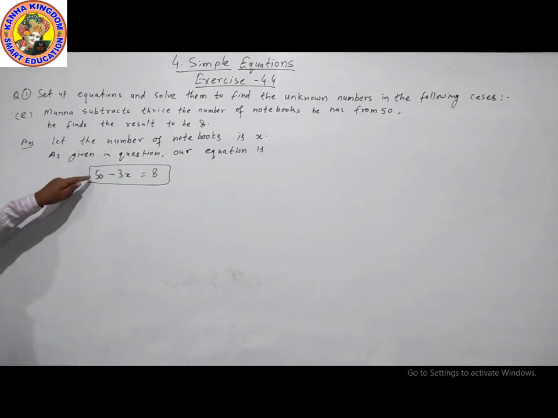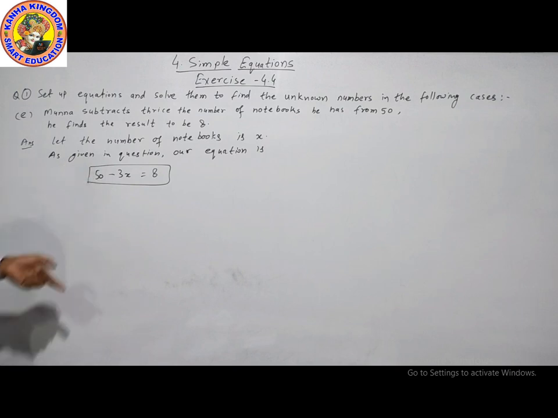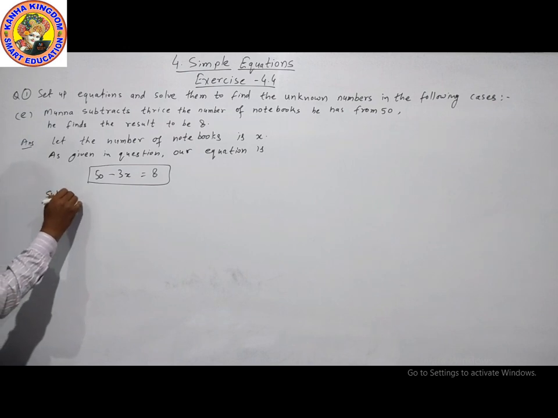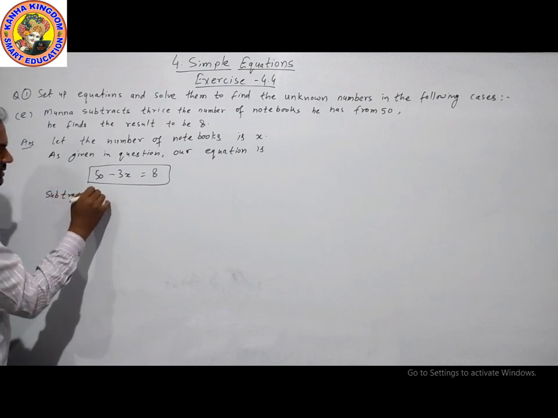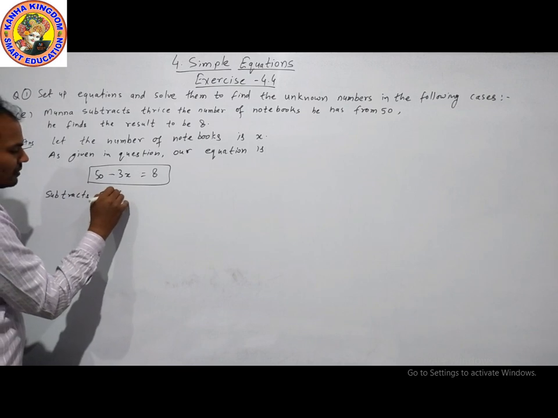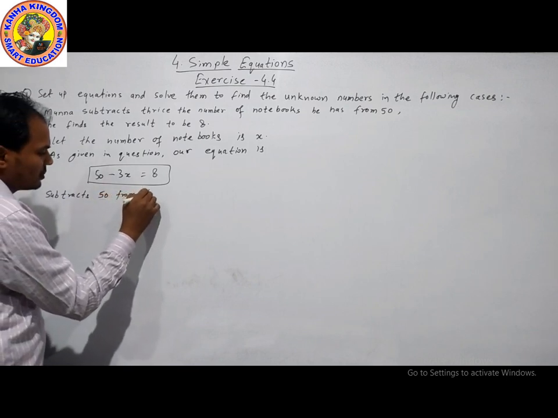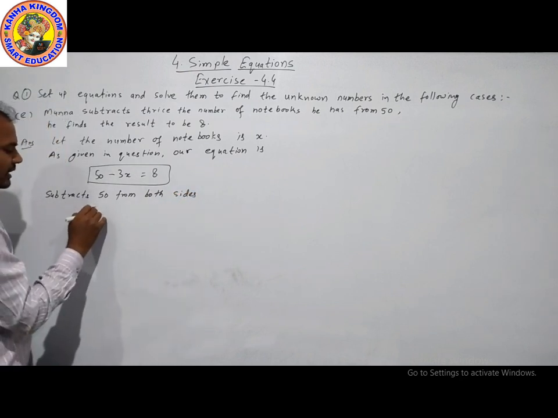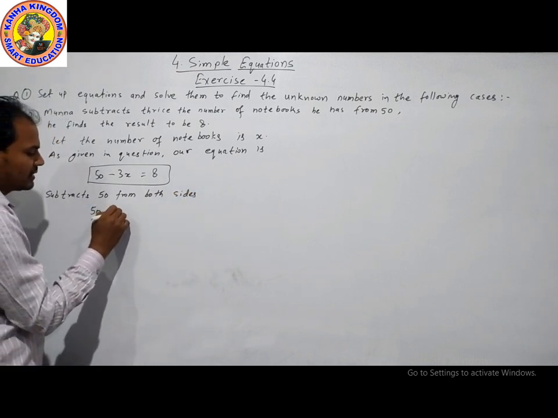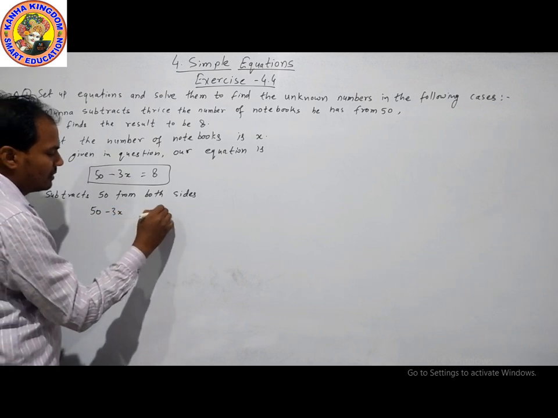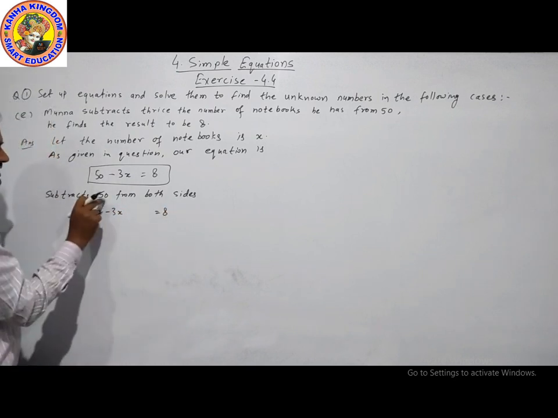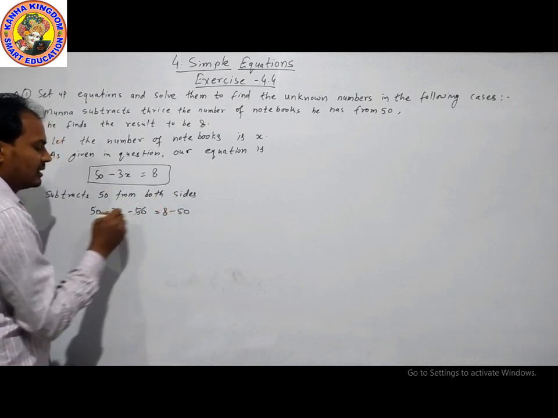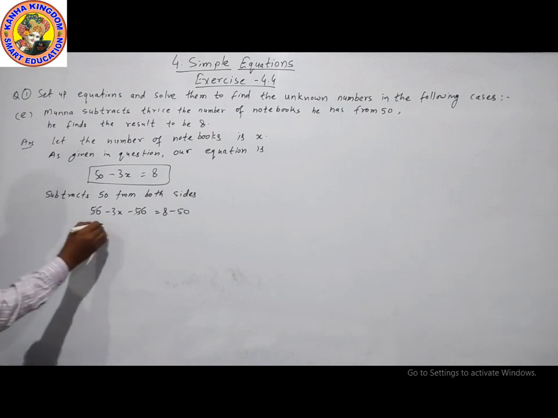First of all, here is plus 50, so we will take minus 50. Subtract 50 from both sides. The equation is 50 minus 3x is equal to 8. Now minus 50 on both sides, minus 50, minus 50. Here 50 and 50 are cancelled.